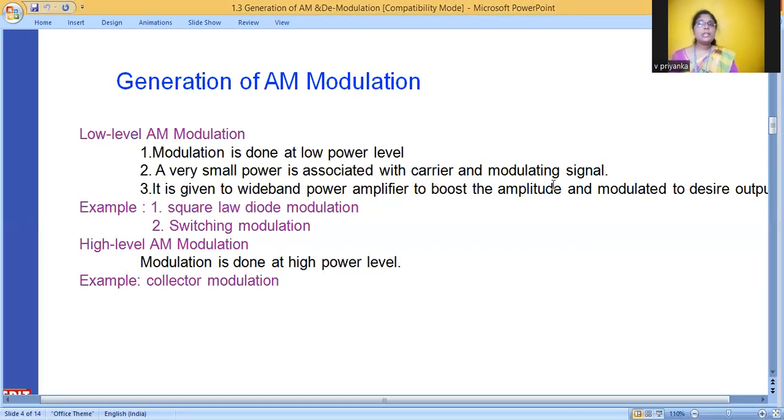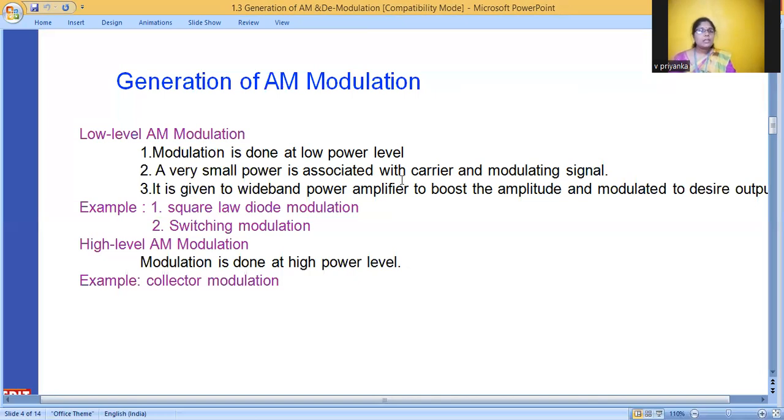Next is the generation of amplitude modulation. In generation of amplitude modulation, we have 2 different types. The first one is low level amplitude modulation, and the second one is high level amplitude modulation. In low level amplitude modulation, modulation is done at low power levels, and very small power is associated with the carrier and modulating signal.